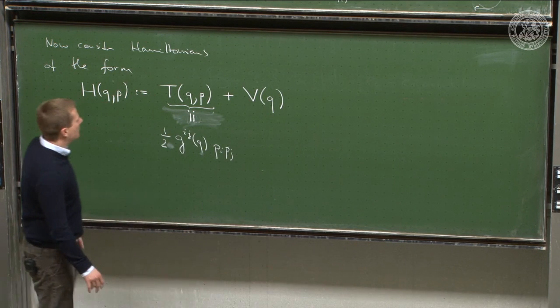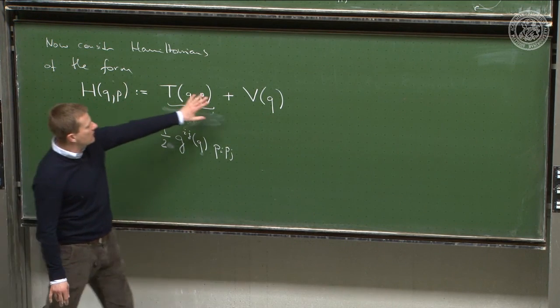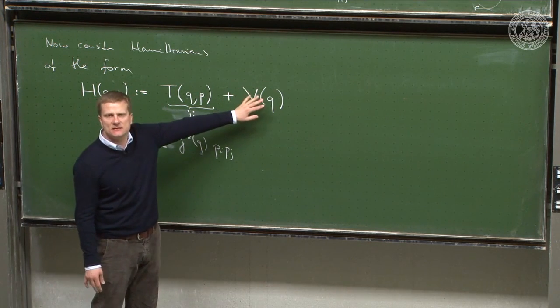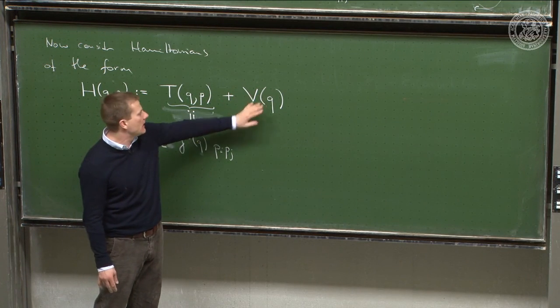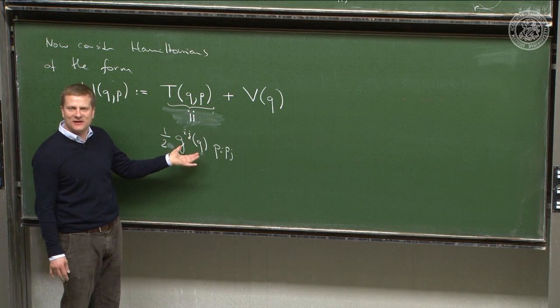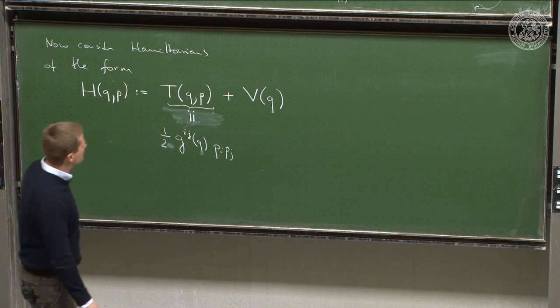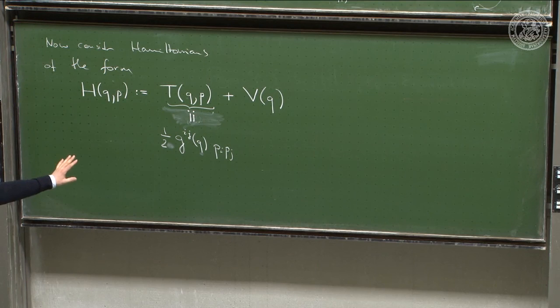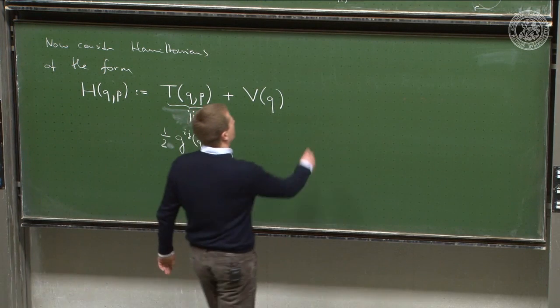Now, this form is a form that comes up in standard classical mechanics, also standard classical mechanics on the sphere or something like this, where you have a curved metric and so on. But from now on, we'll only talk about this, because then we can make the following definition.